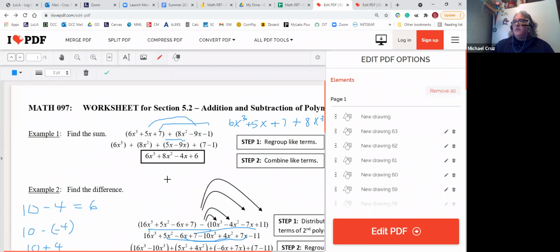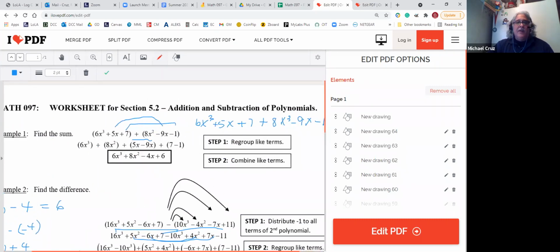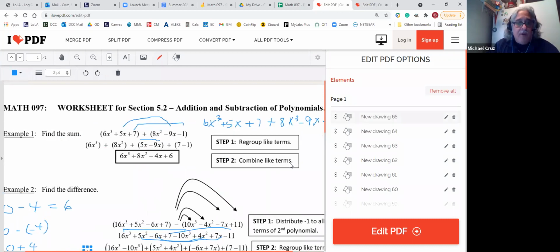So any questions at all about this addition and subtraction? Because we're getting ready to finish up the chapter today, so I got to move along, but I want to make sure we address anything here.